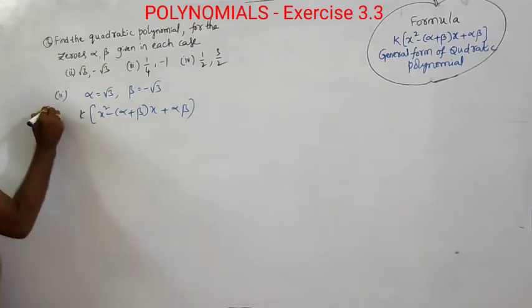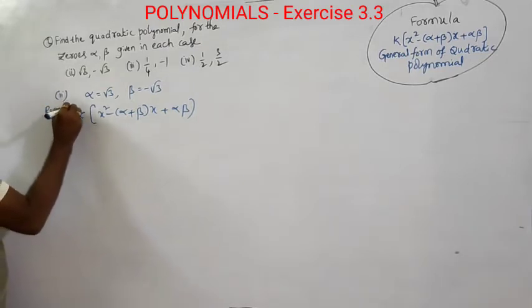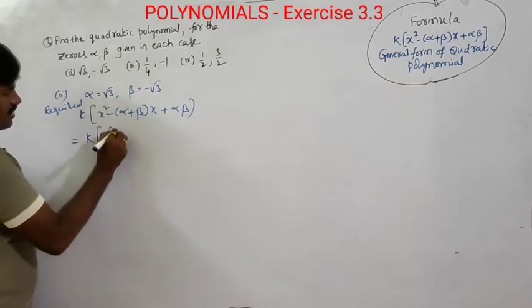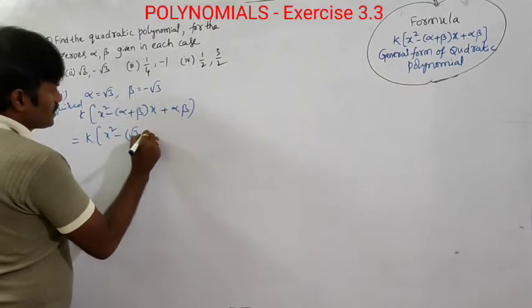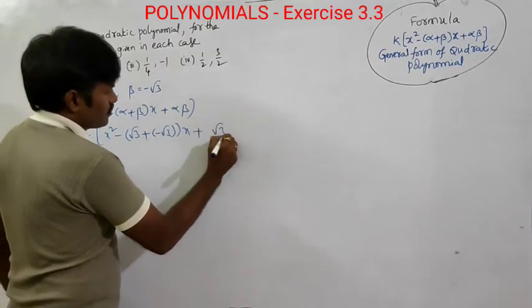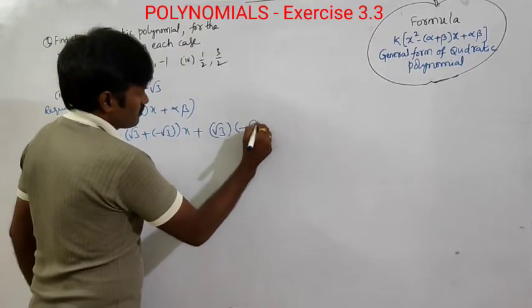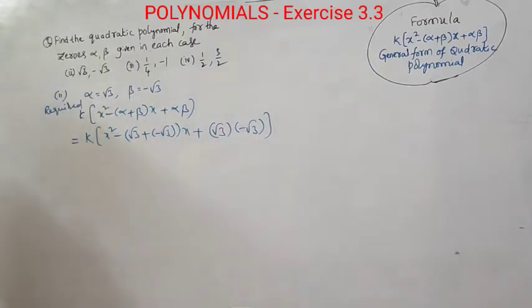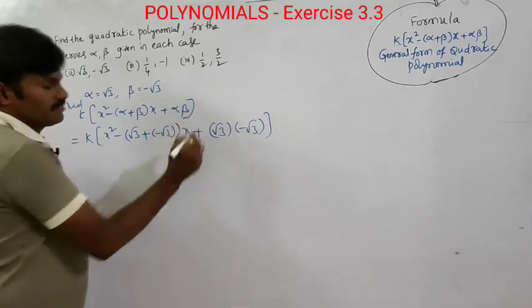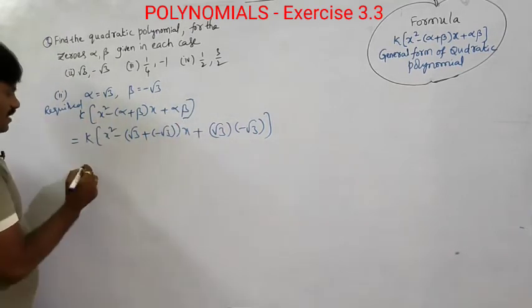So we have to write the required polynomial and substitute: k of x square minus alpha value root 3 plus beta value minus root 3 into x plus alpha root 3 into beta minus root 3. Is it clear? I just substituted alpha and beta values in the formula.